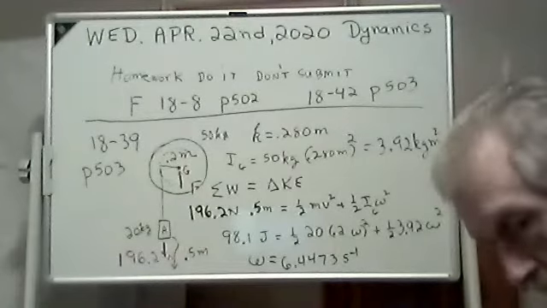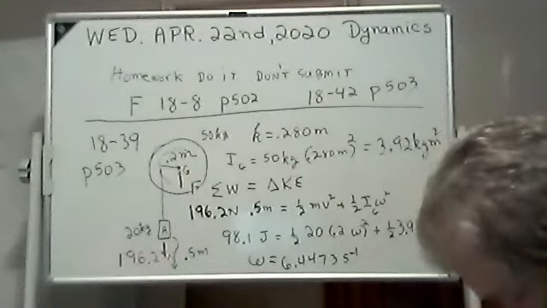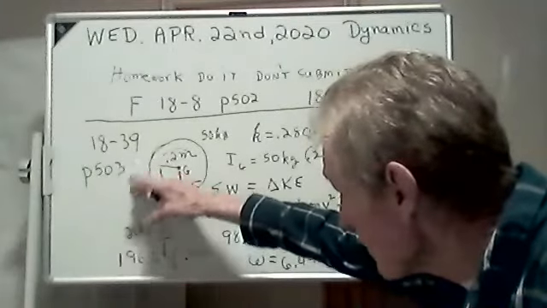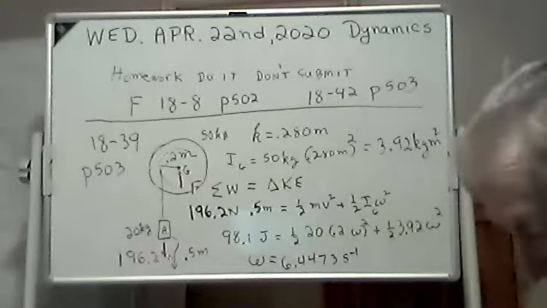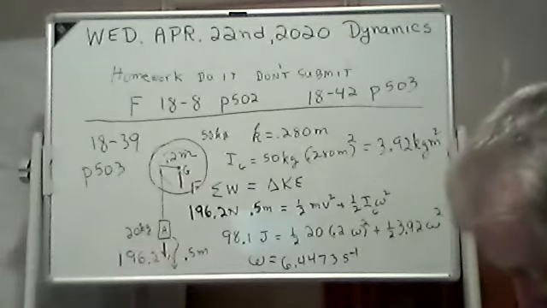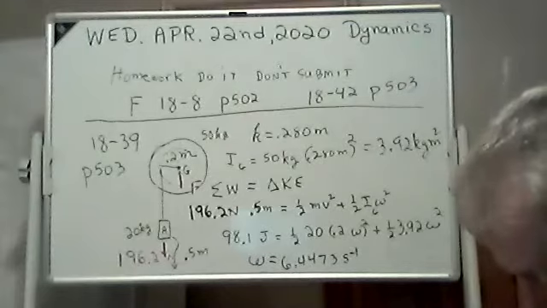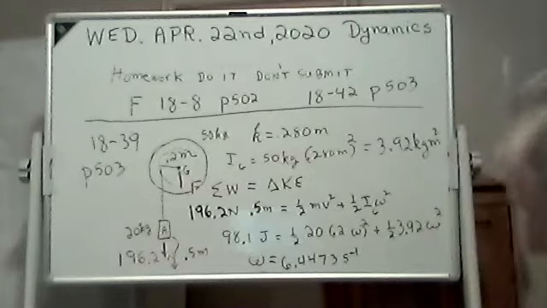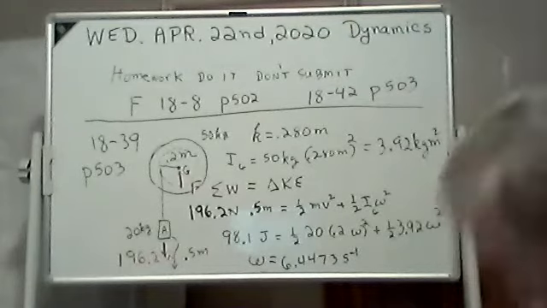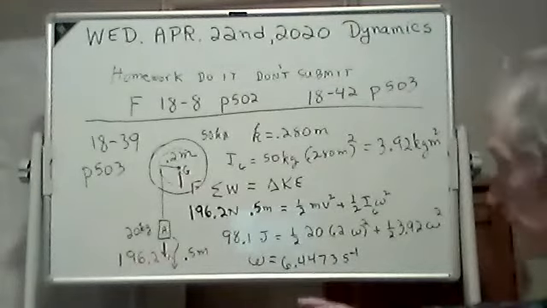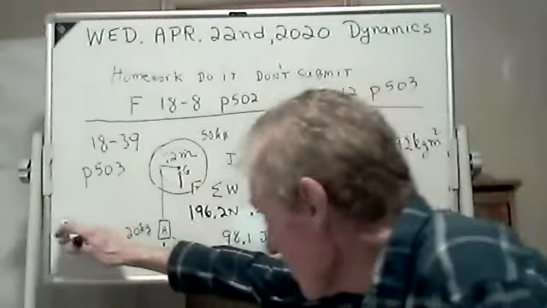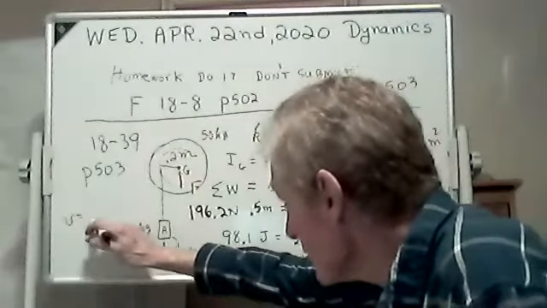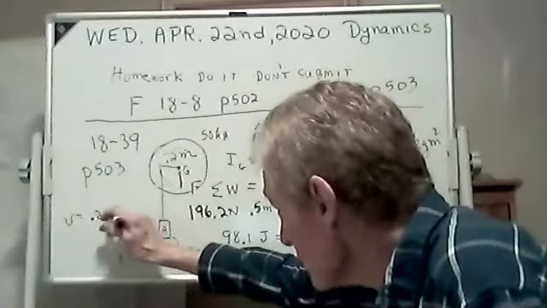This was problem 8. We're doing 1839. If you just woke up from a daydream, we're doing 1839. It's on page 503. And there is an answer in the back, and they said 1.29. This isn't what they wanted. They wanted the velocity, and to get that, you'd have to go 0.2 times omega.